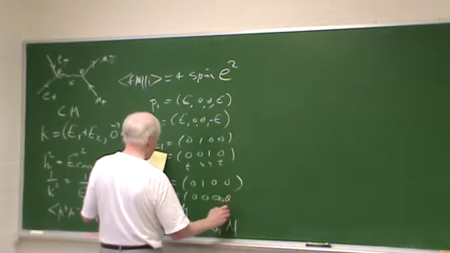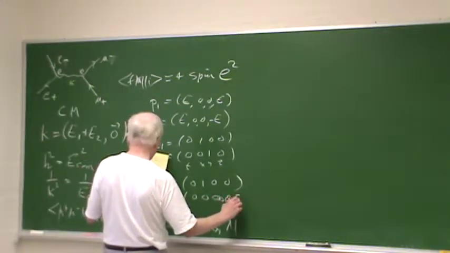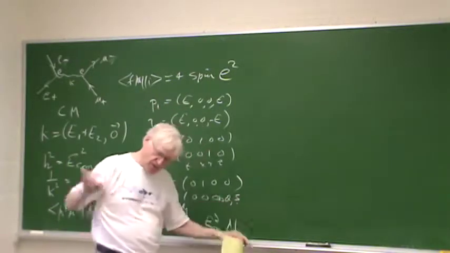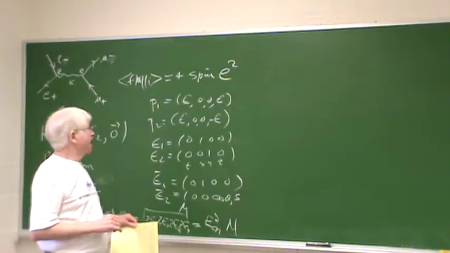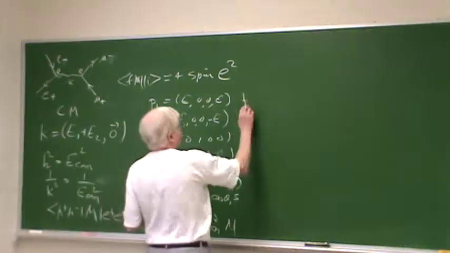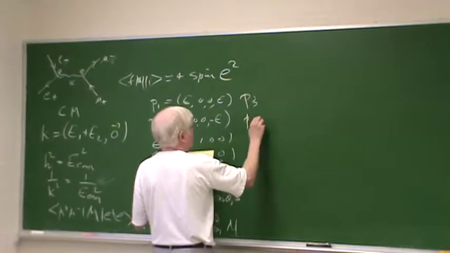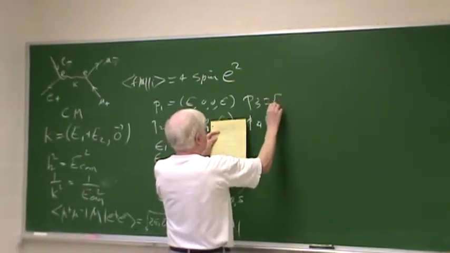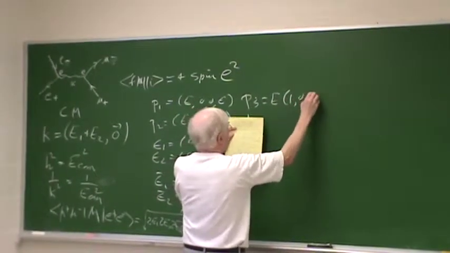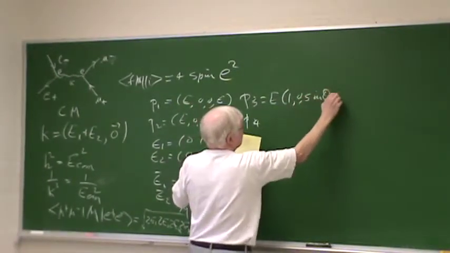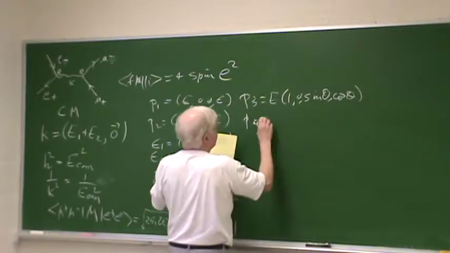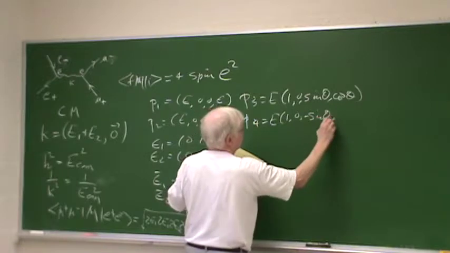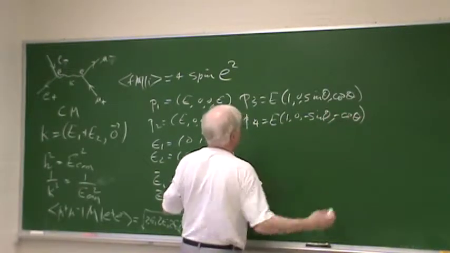cosine theta. Well, let me get the other. The outgoing momenta for the muons are P3, P4, and these are E, 0, and now we're saying sine theta, cosine theta, and this one is E, 0, minus sine theta, minus cosine theta.